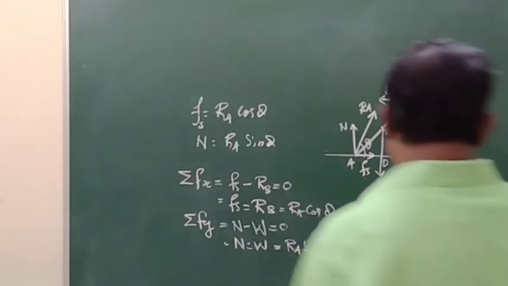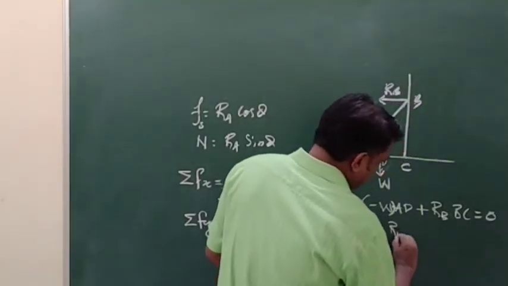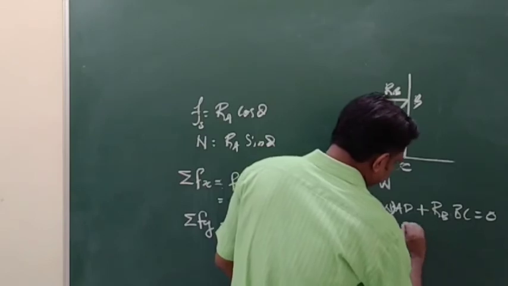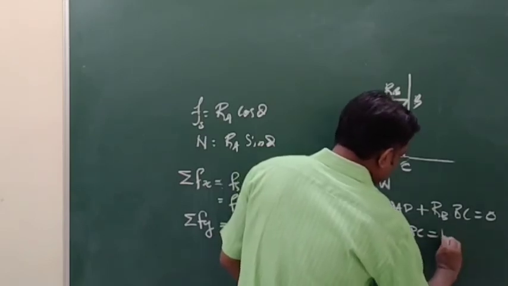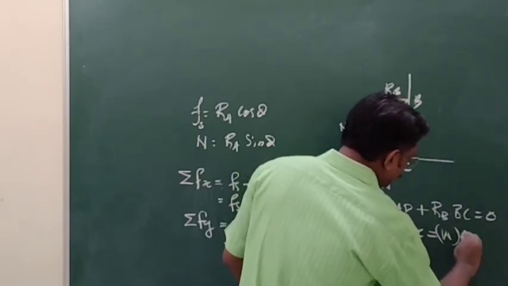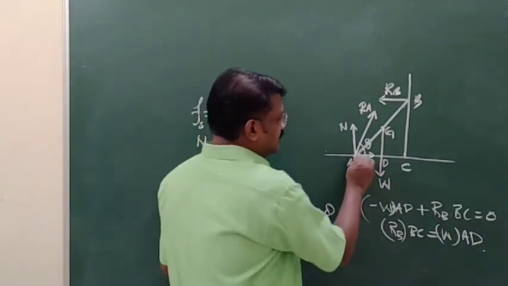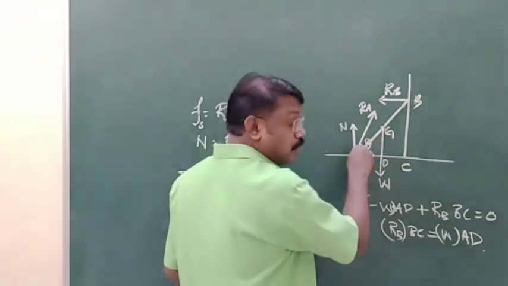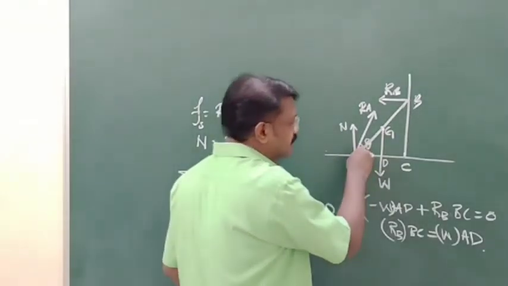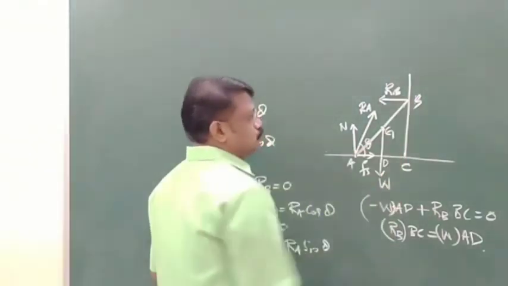Where BC and AD are the perpendicular distances from the point about which we are taking the moment to the line of action of these two forces.